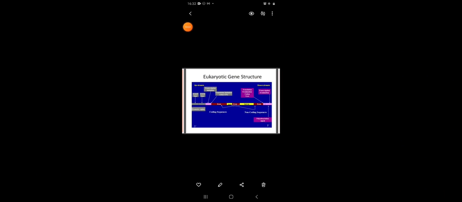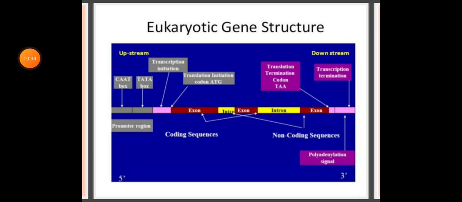Now, here you can see in this diagram the eukaryotic gene structure. Half of it is on the upstream side and half of it is on the downstream side. The upstream side has firstly the promoter region, which has the CAAT box and TATA box.